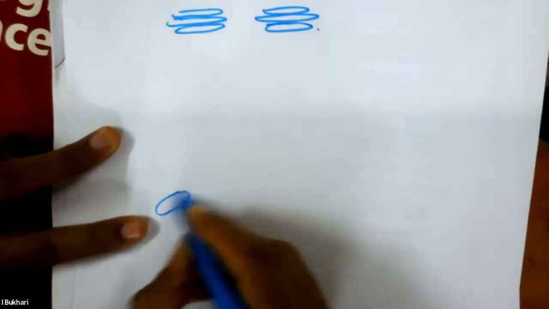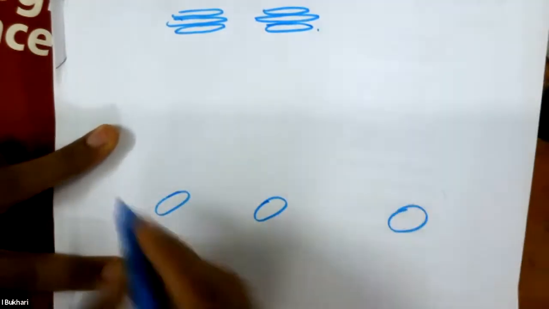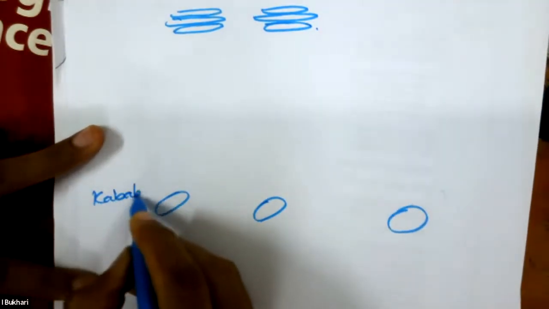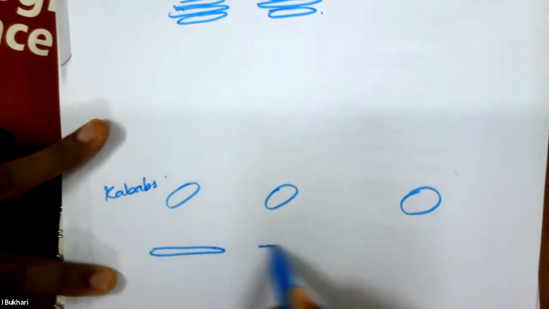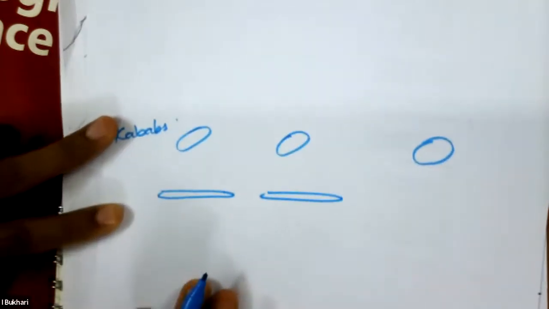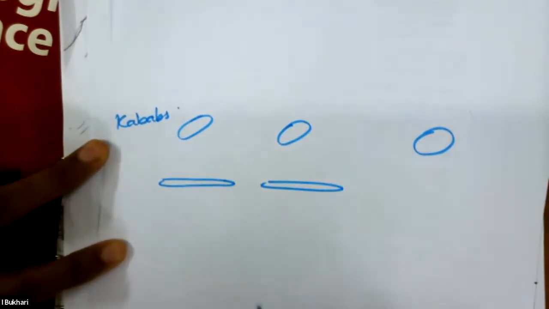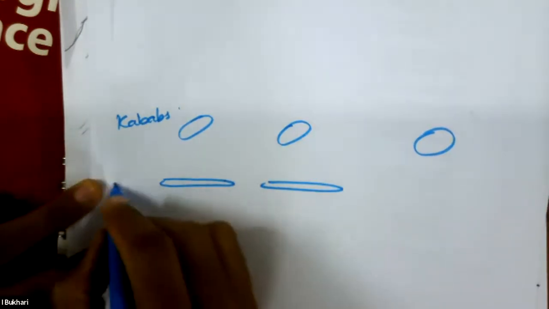Now, if I have 3 kebabs, and I have only 2 breads, how many burgers can I make? Again 2. This was bread.